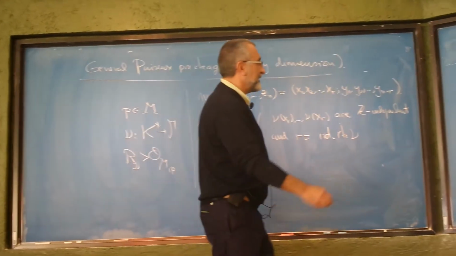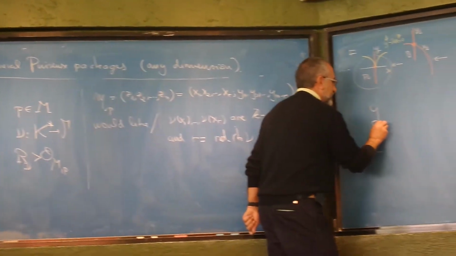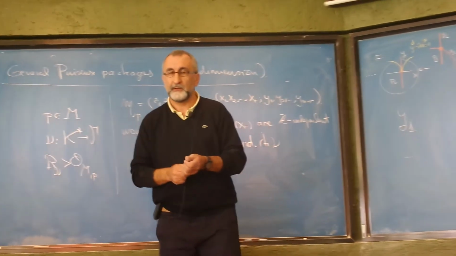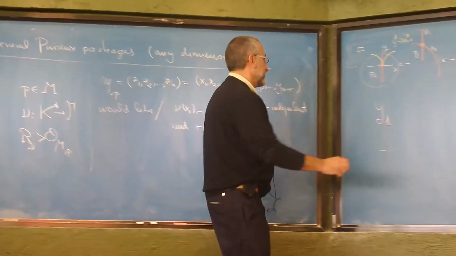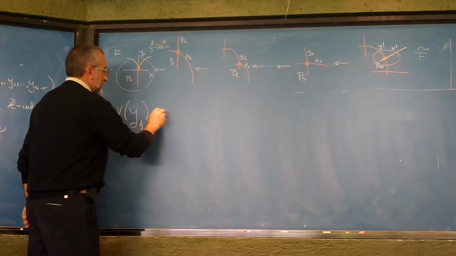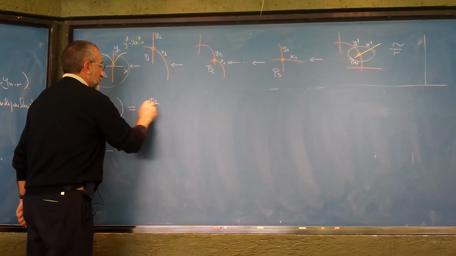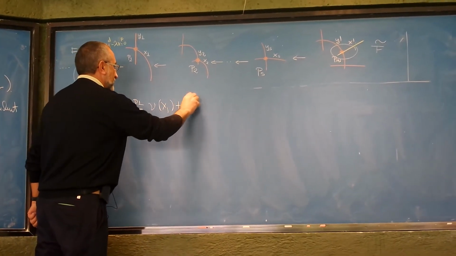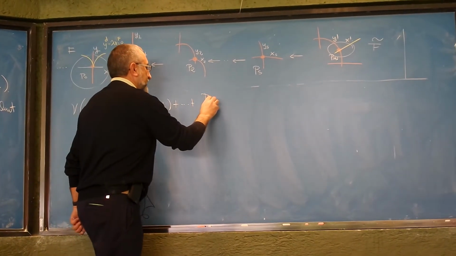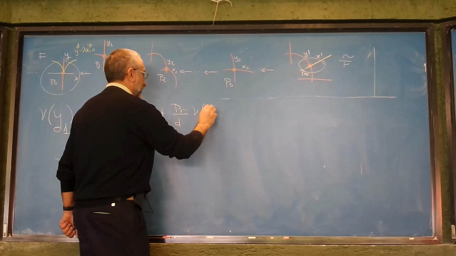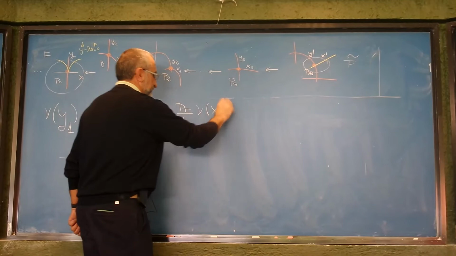So if you choose now one of the dependent coordinates, say y1, what arises is that the value of y1 equals p1 over d, the value of x1, plus pr over d, the value of xr.